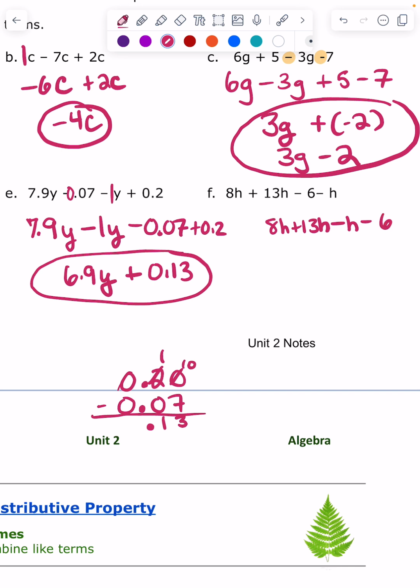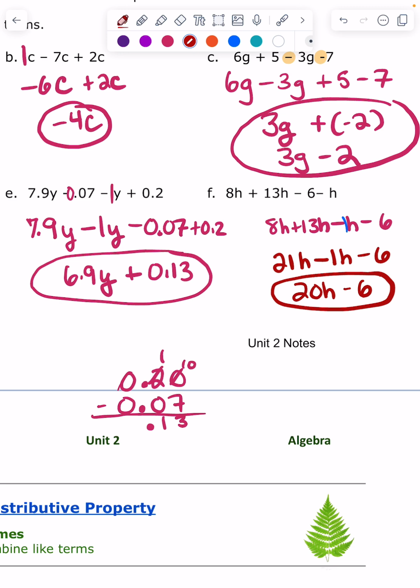And I'm also going to put the 1 in front of the minus h because that helps me. 8 plus 13 is 21, I believe. So 21h, and then I'm subtracting a 1h minus 6. So that'll be 20h minus 6.